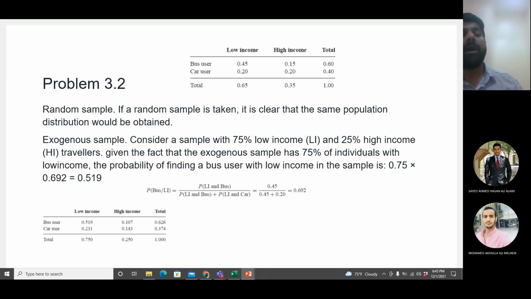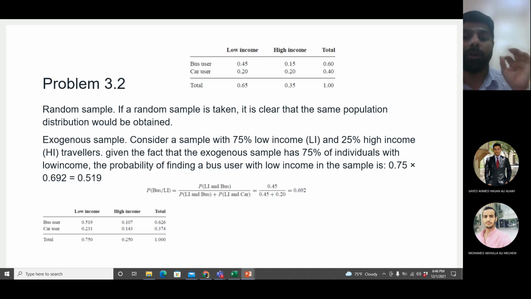Now in that data, what is the possibility that a person will choose a bus provided that he is in the low income group? What is the possibility that a person will choose a bus from the sample? Okay, now I'm talking about the sample. The collected sample has 75% low income group, 25% high income group.